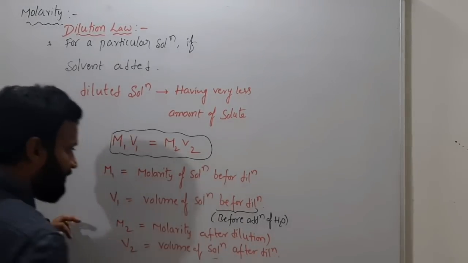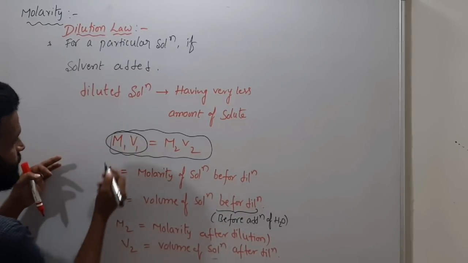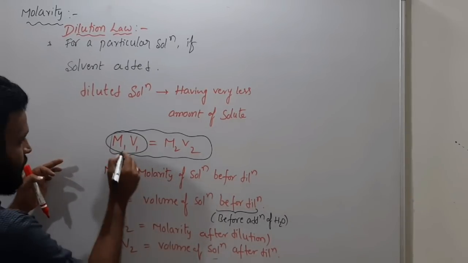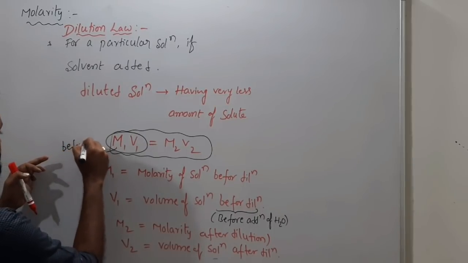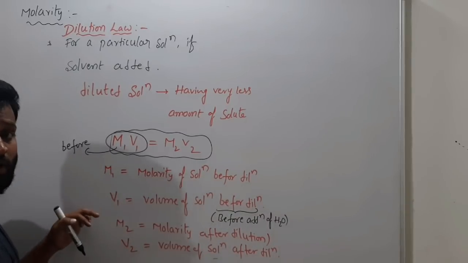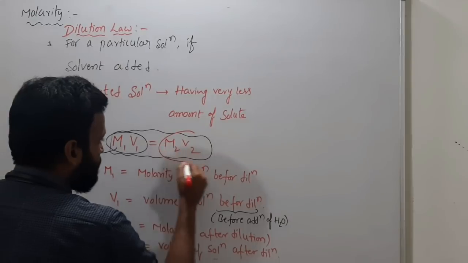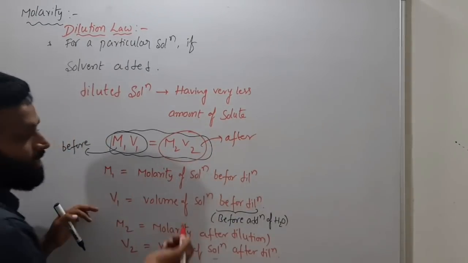So M1 and V1 are before addition of the solvent or water. Usually the solvent is water, which we will discuss here. M2 and V2 are after.